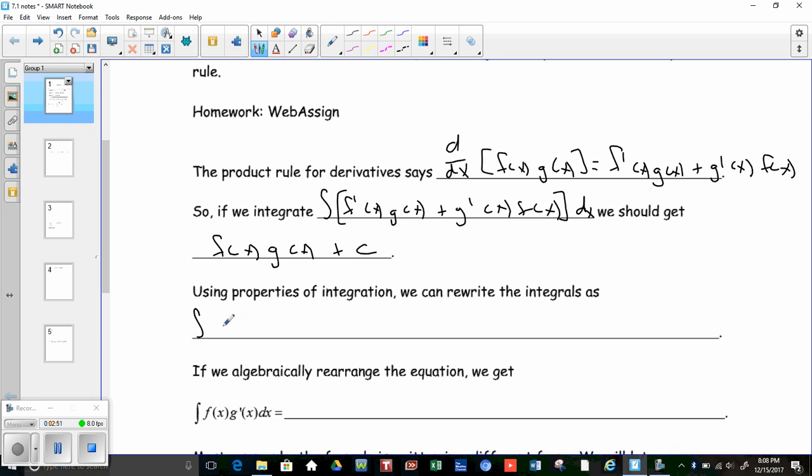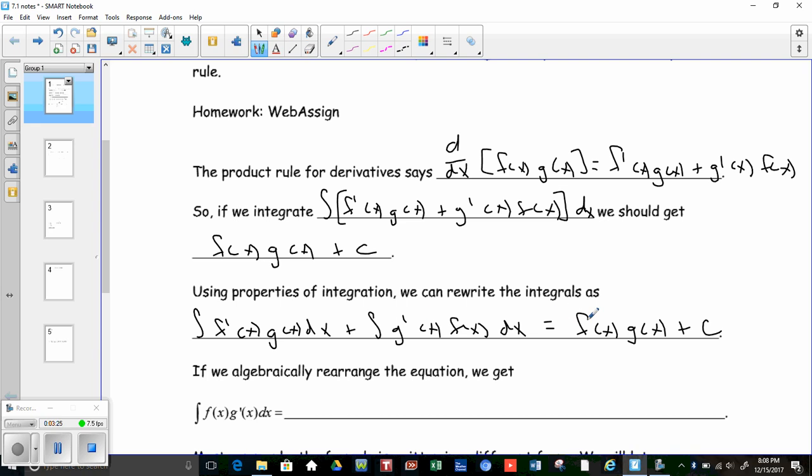So we're going to have the integral of f prime of x, g of x, dx, plus the integral of g prime of x, f of x, dx. And again, if I separate these two, it's really the same as taking this integral, so it should end up with f of x, g of x, and again, plus some constant c.